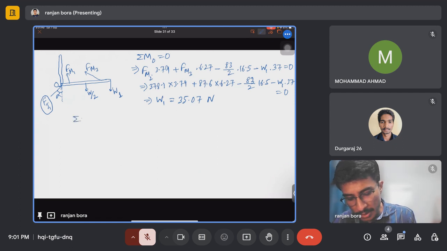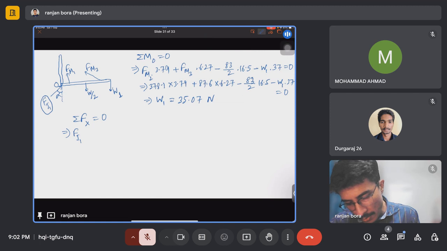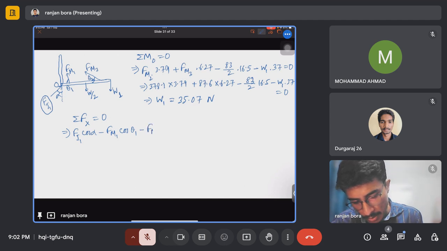If we consider the force equilibrium in x direction, summation Fx equal to 0, that will be FJ1 cos alpha minus FM1 cos theta 1 minus FM3 cos theta 3.